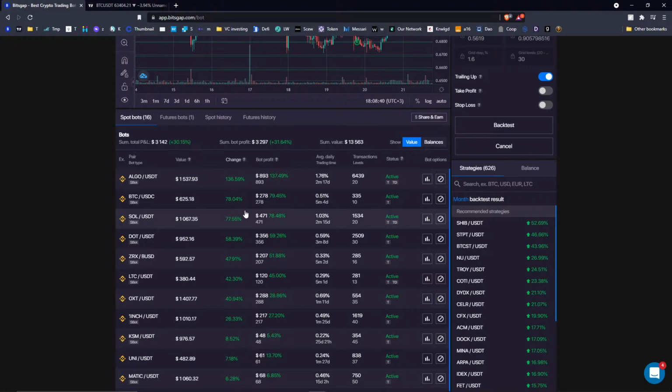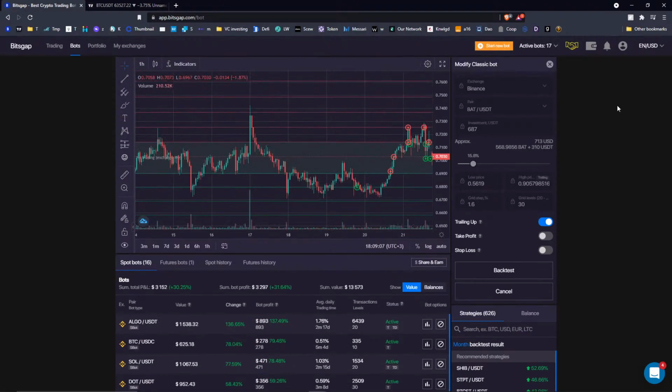It doesn't mean that you cannot launch the bot with, let's say, $200 and something worth of investment. It's just that around $350 up to $500, depending on the cryptocurrency, is pretty much the minimum for you to start trading with automated bots on Binance specifically.